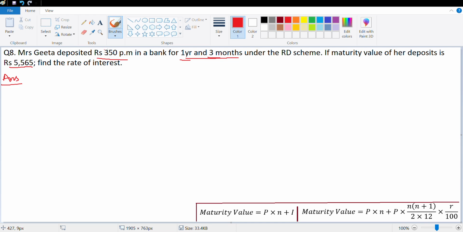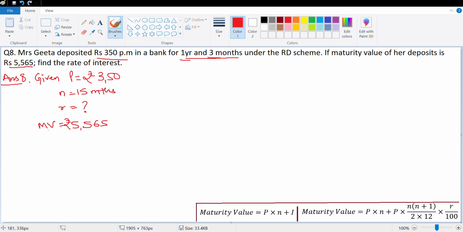Okay, so let's look at this question. Given P is equal to rupees 350, N is equal to 1 year 3 months, which means 15 months, R is equal to question mark, and maturity value is 5,565. So the maturity value is given.